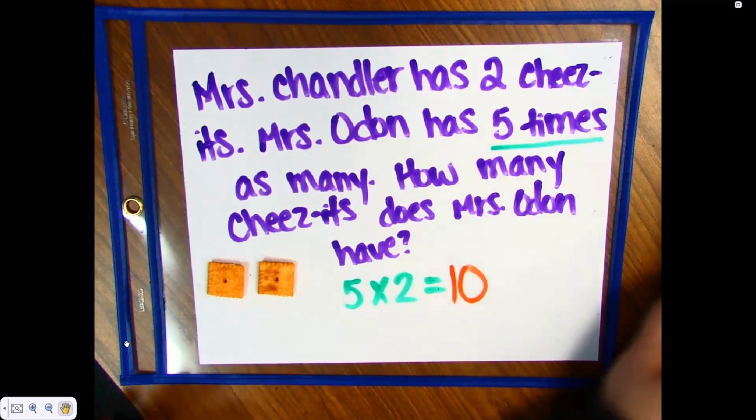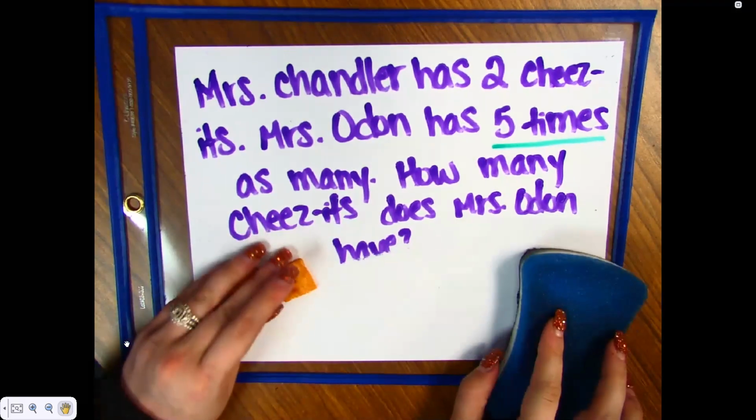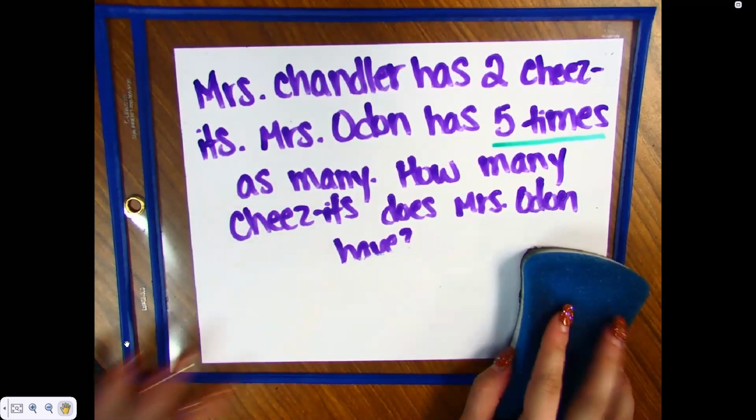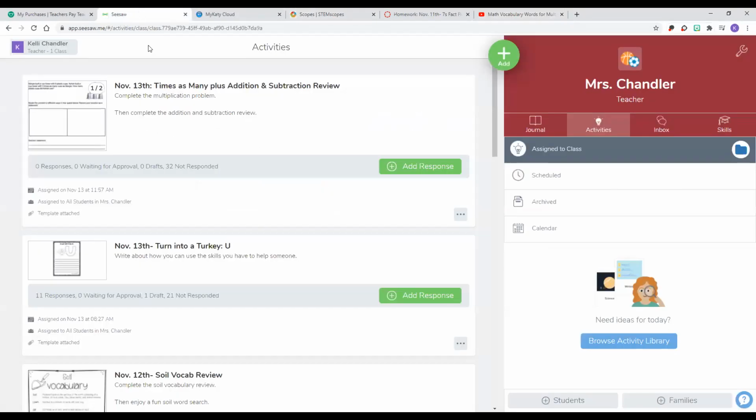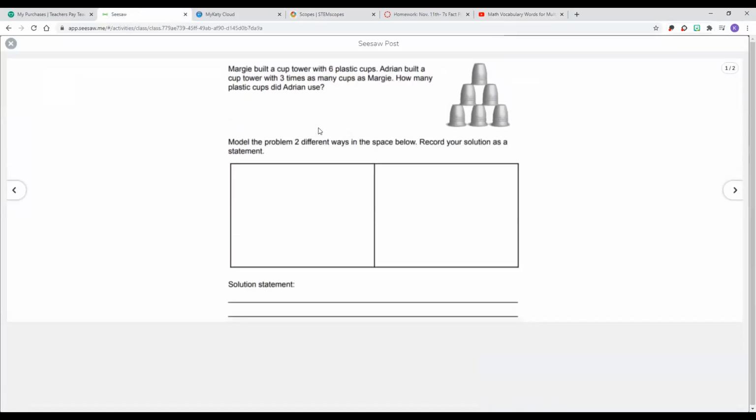Okay? All right. So for your independent activity, you're going to do something similar to this. I'm giving you one problem like this. And then your other problem is actually kind of a throwback. Margie built a cup tower with 6 plastic cups.